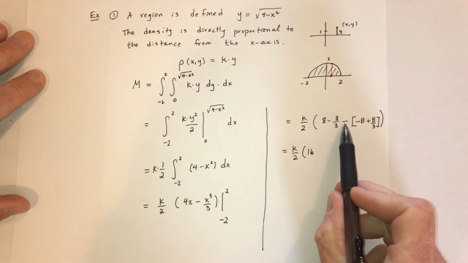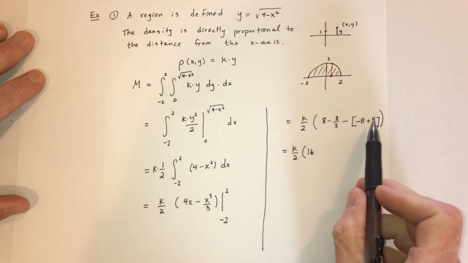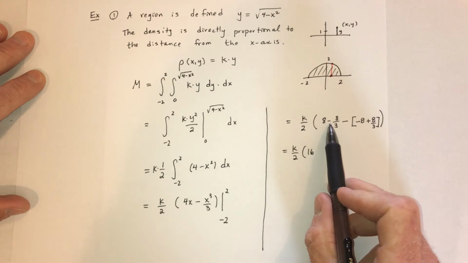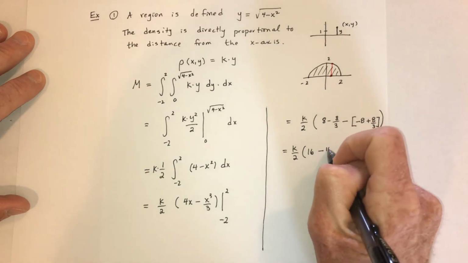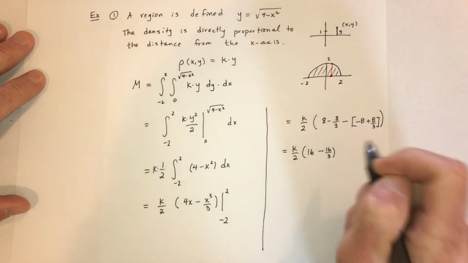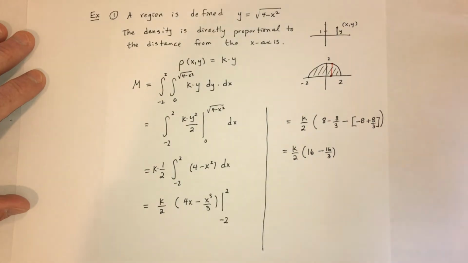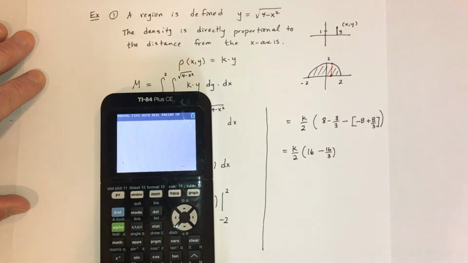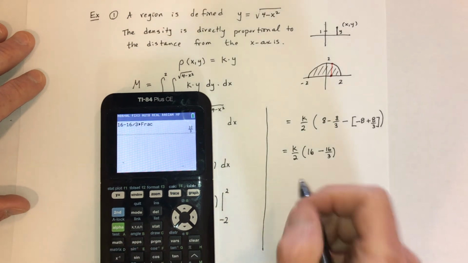And then this negative will make that one negative, which means we have negative 8/3 and another negative 8/3, which means negative 16/3. So then it is 16 minus 16/3, which is 32/3.